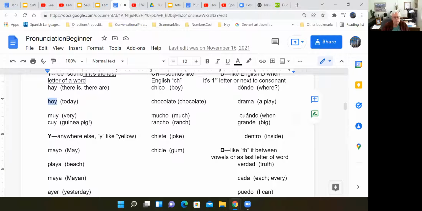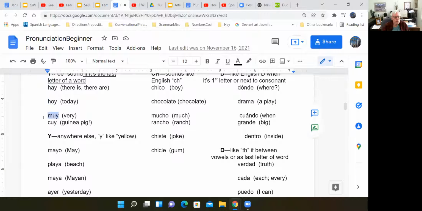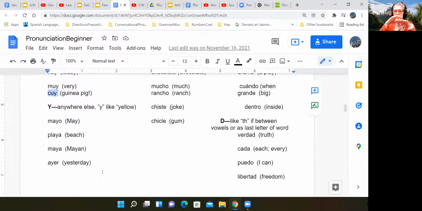Today. Here's the word for very, like muy bien: muy. Here's something you eat in Peru. It is a delicacy. I know. Cuy. Okay. We're going to do this one a little bit together just because people might mess up on it. Muy. Cuy.